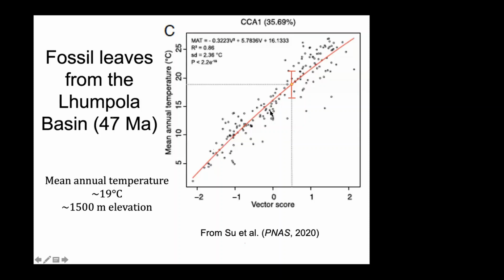And a lot of analysis has gone into this where they've looked at leaf shapes, leaf sizes, many characteristics, and come up with a statistical description that plots, that varies, the vector score varies with mean annual temperature. And this dot with an error bar shows the fossil data from the Lumpala basin, which gives it a 19°C temperature, which would put it around 1,500 meters.